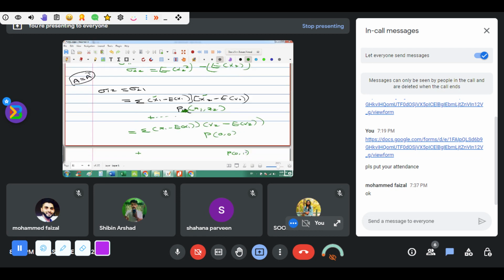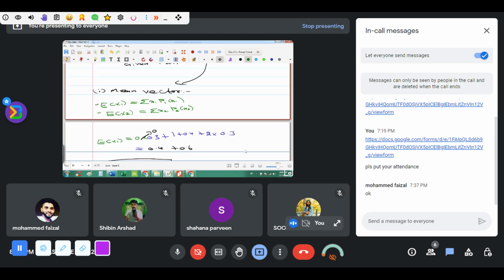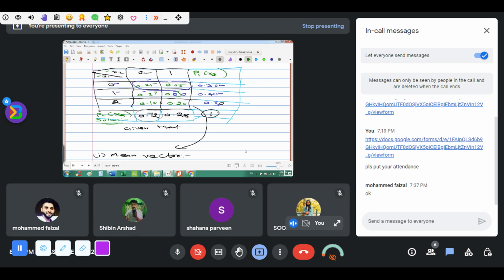Total 6 values, therefore I am using 6 terms in the covariance matrix.